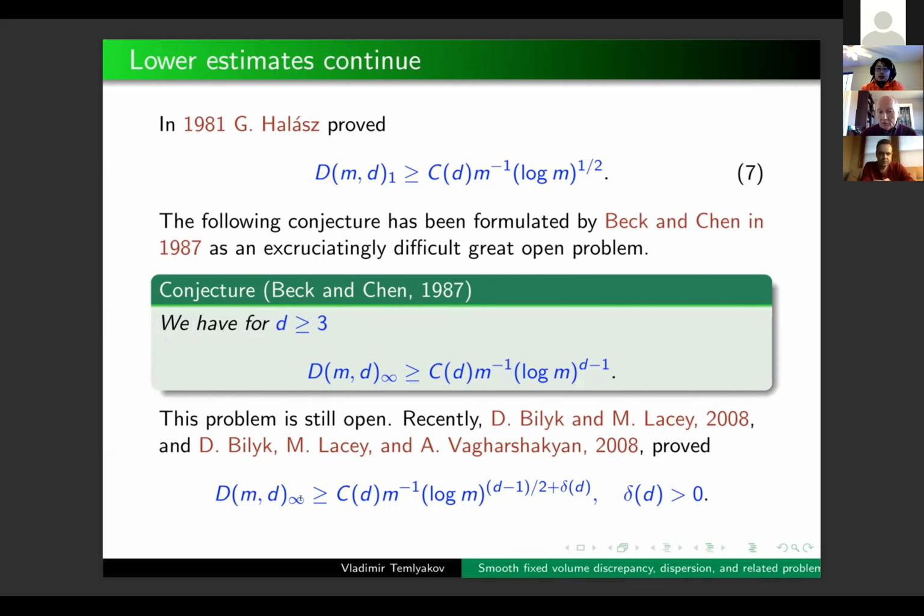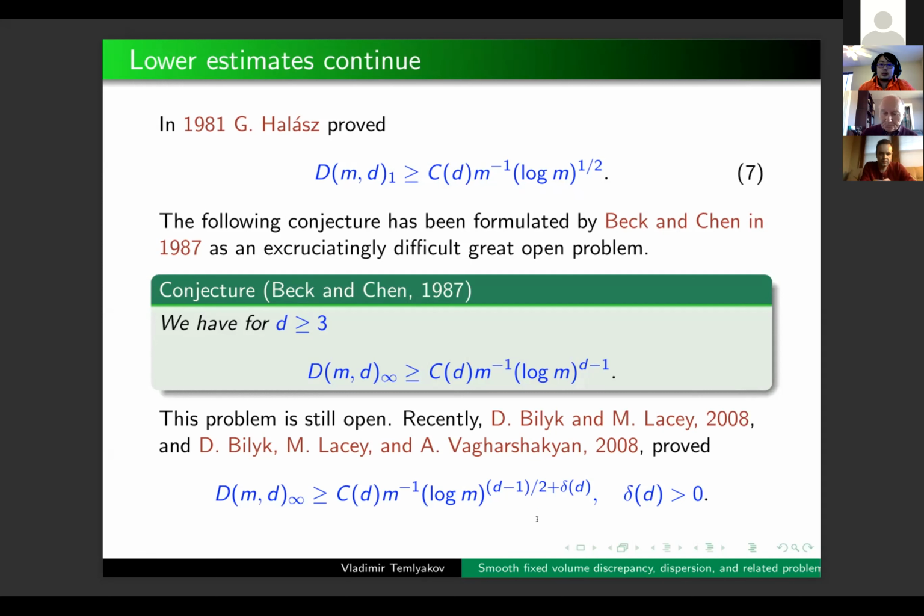Roth's bound would give us this bound divided by 2, without any extra delta d. A very non-trivial step, with a technically very involved proof and very non-trivial ideas, allowed them to add this delta d, which actually goes to 0 when d goes to infinity. But anyway, it was a breakthrough result in this direction, which showed that indeed L infinity is different from L2.